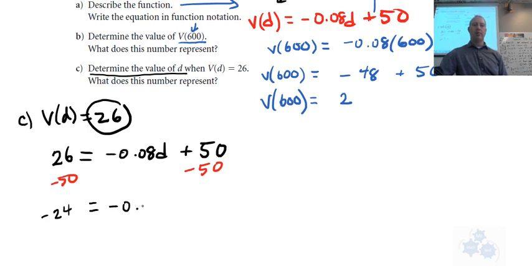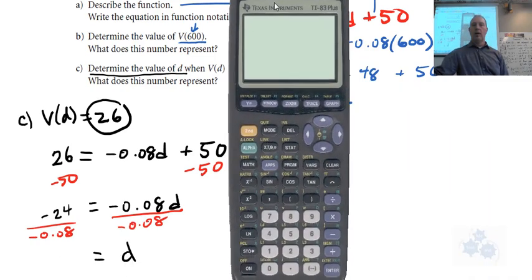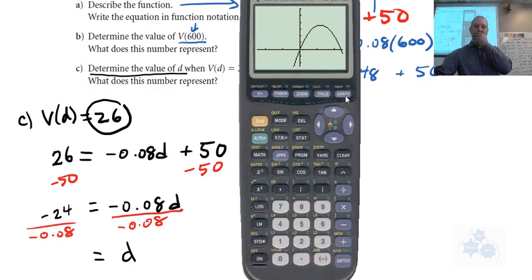Equals negative 0.08 D. Now D is being multiplied, so I need to divide both sides. So D equals 24 divided by 0.08. Of course, they're both negative, so it's going to be positive.